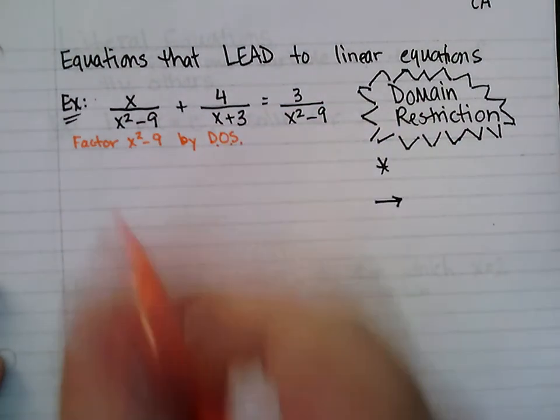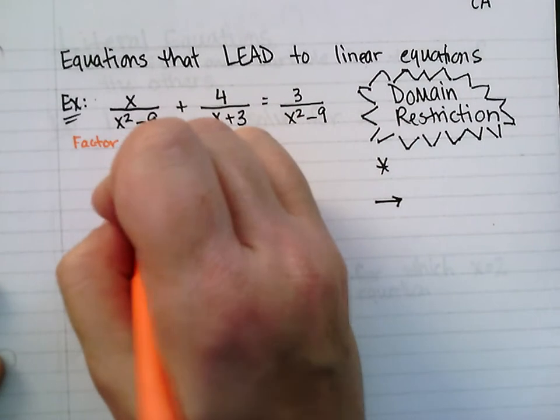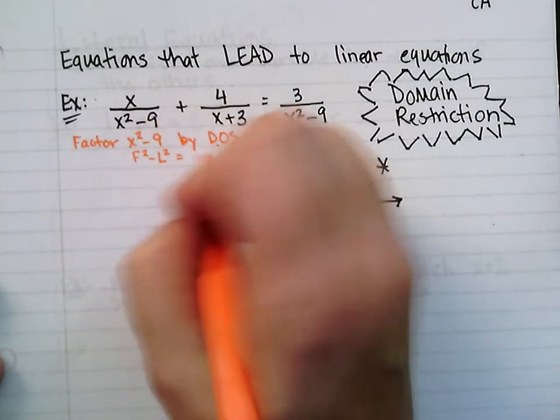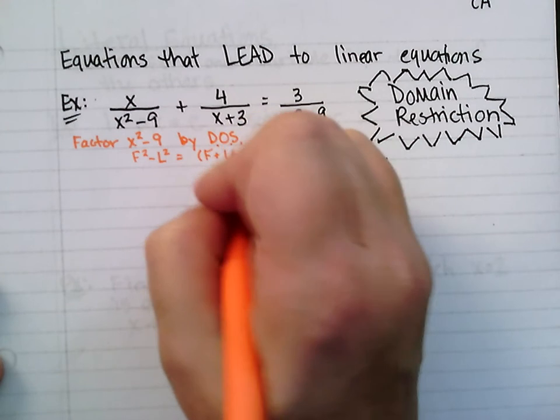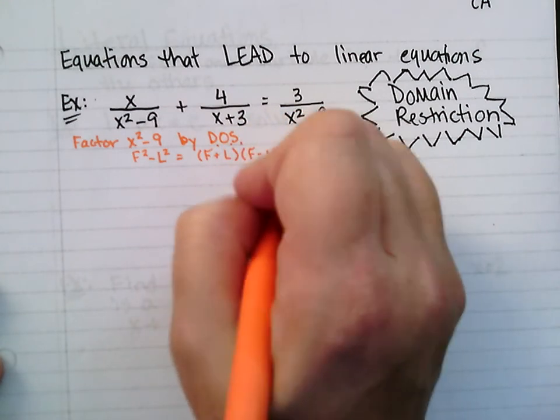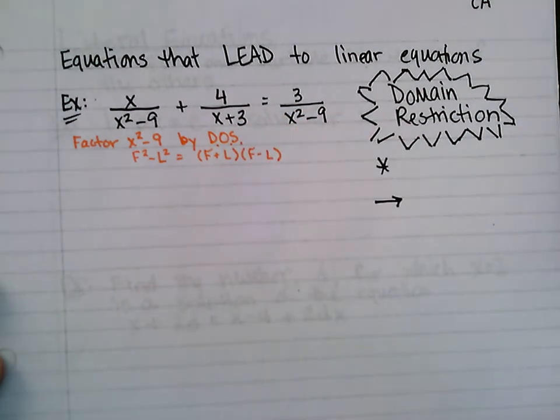So difference of squares, remember, goes first squared minus last squared, factors into first plus last times first minus last. If you need a refresher on factoring, let me know so that we can get that done, because it is going to be important that you know how to factor going forward the rest of the semester.